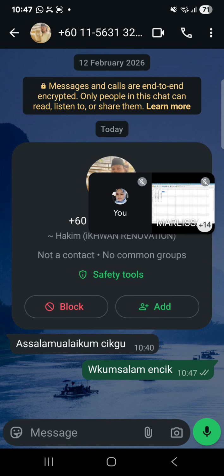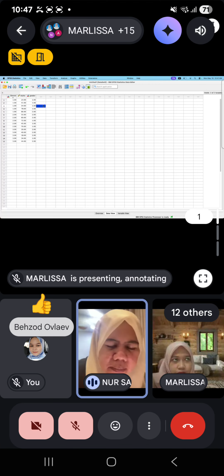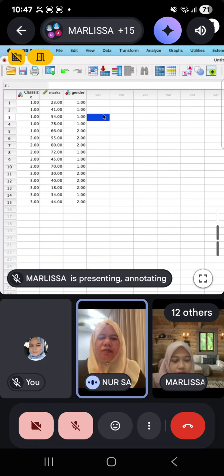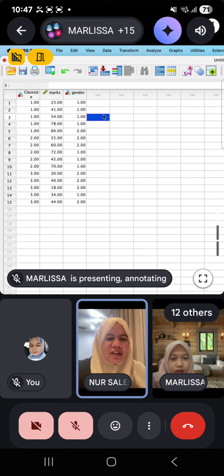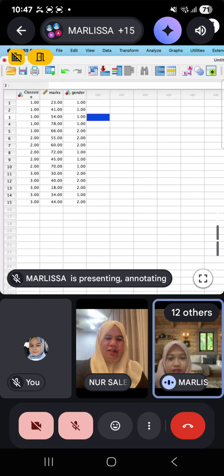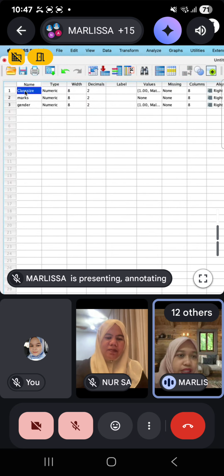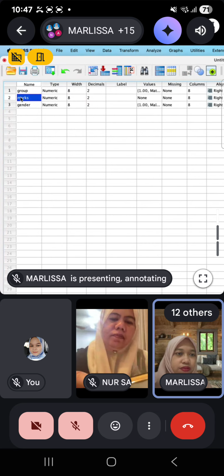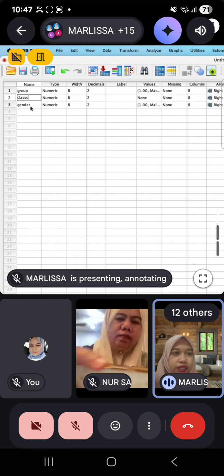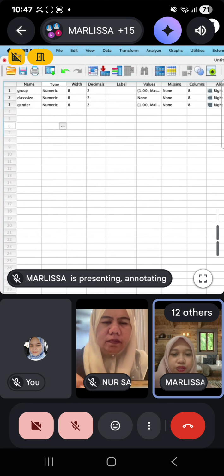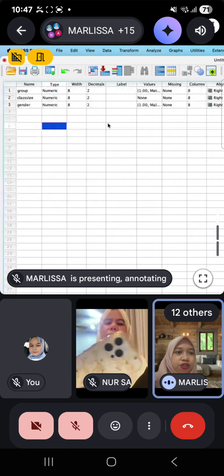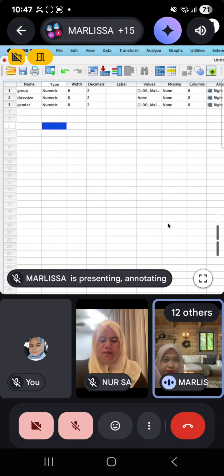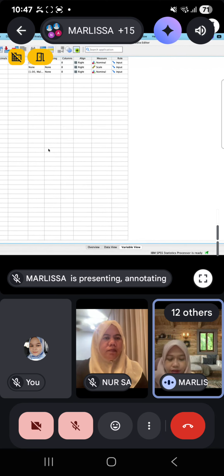Yes, I can turn back to the variable view screen. Let's change this: this is group, and this is class size. Did it change here?